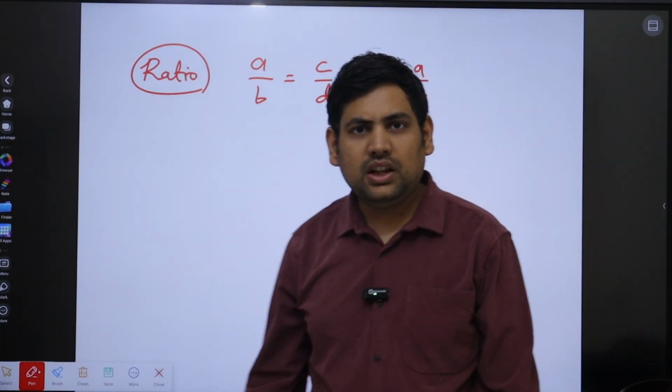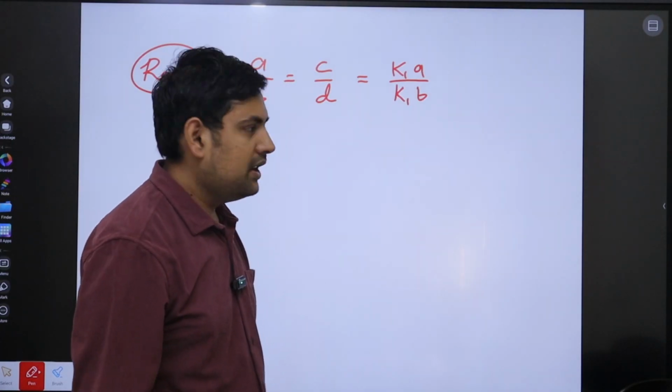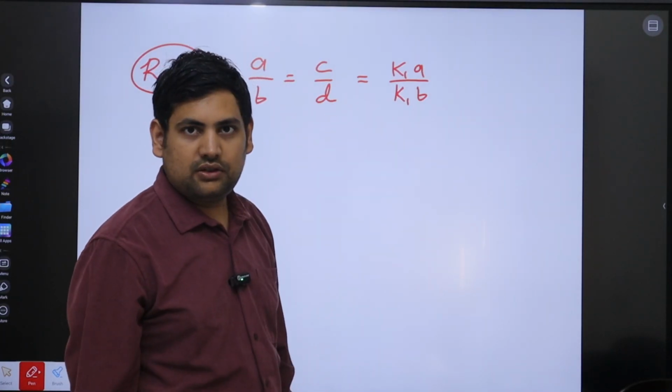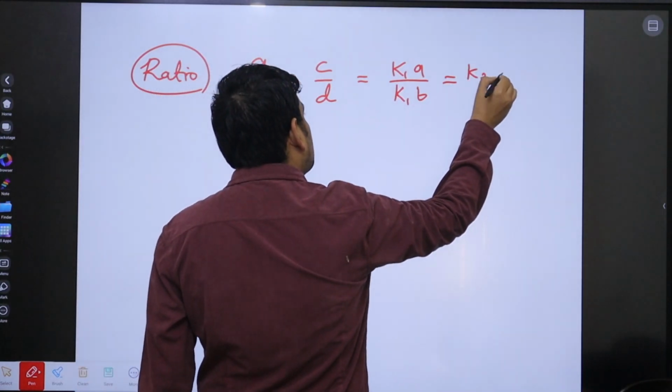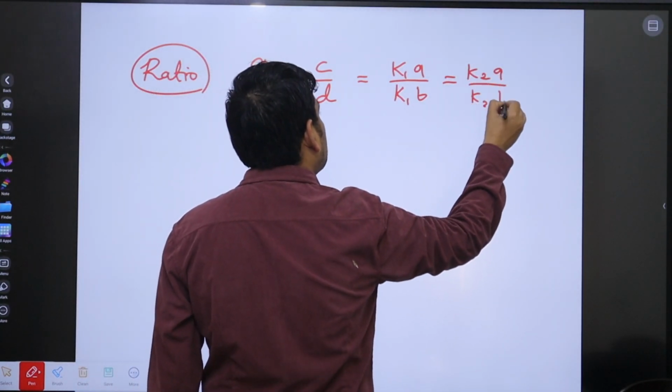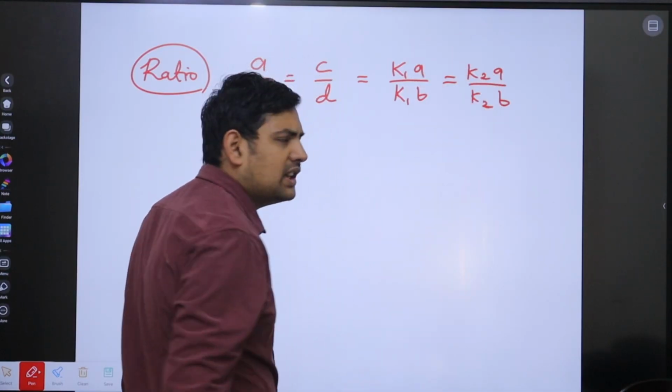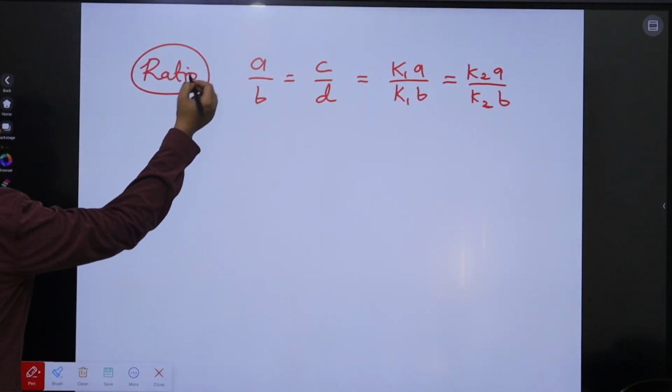Do you think they will be equal? Correct? They will be equal. Why? Because K1 and K1 will cancel out. Correct? Similarly, I can also write K2A by K2B, because K2 and K2 will cancel out. Correct?